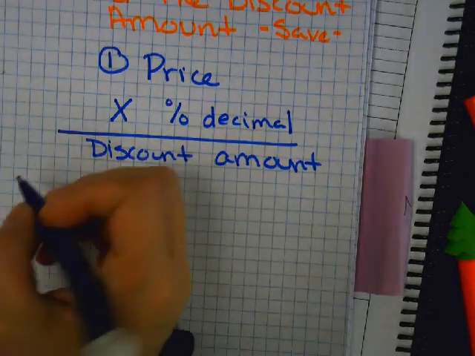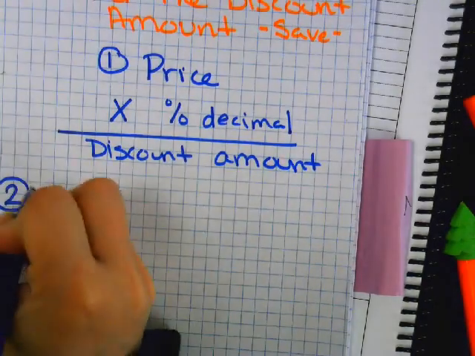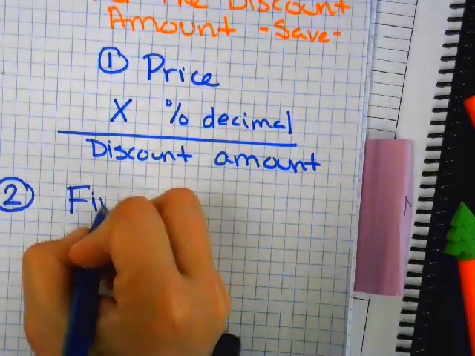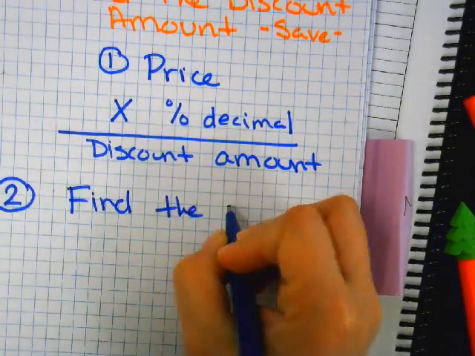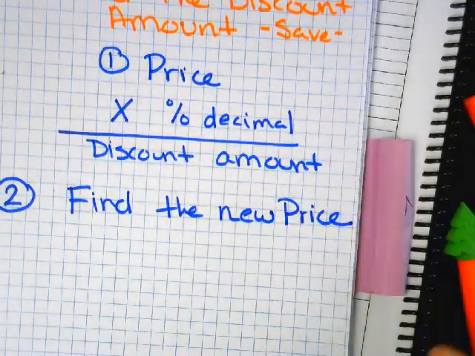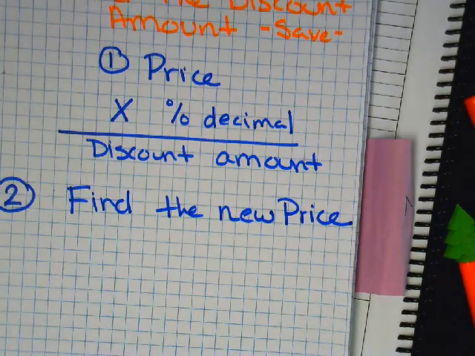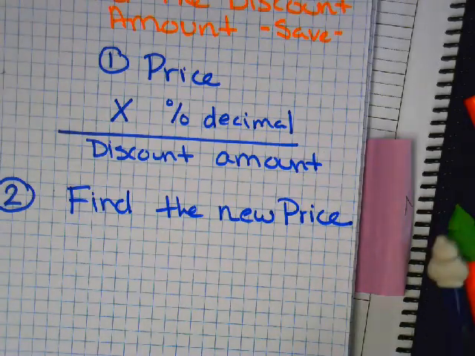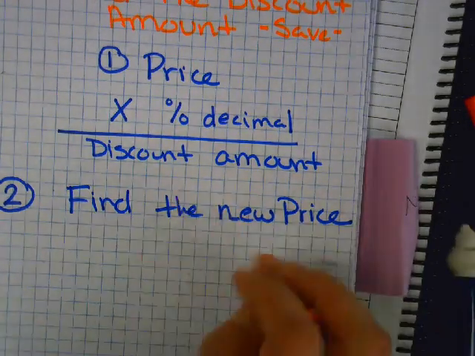All right, step number 2. You're going to find the new price. So if the PlayStation is $500, but it's on sale, am I going to spend $500? No. Am I going to spend less or more? Less, because it has a discount. So how do I find my new price?